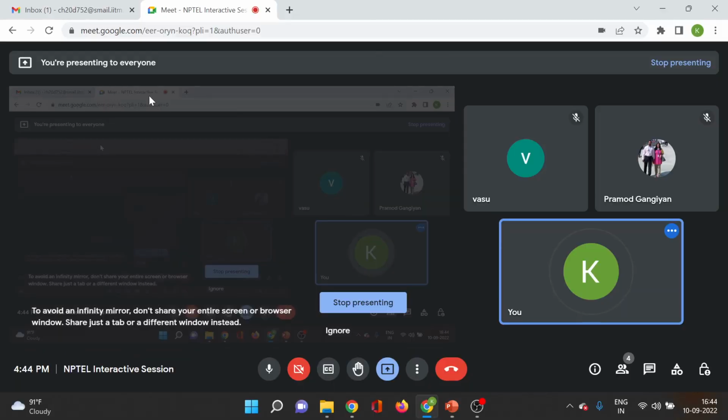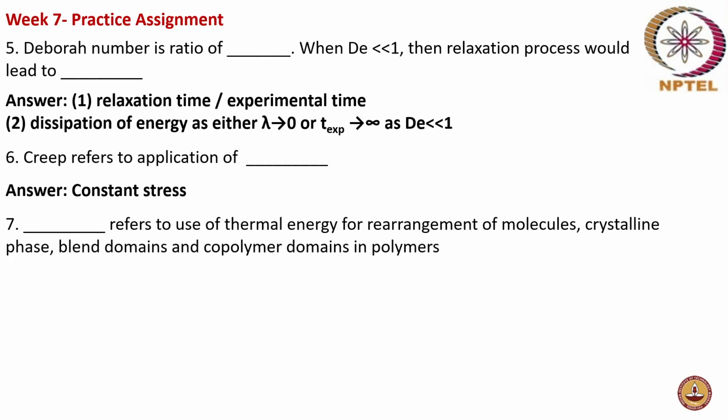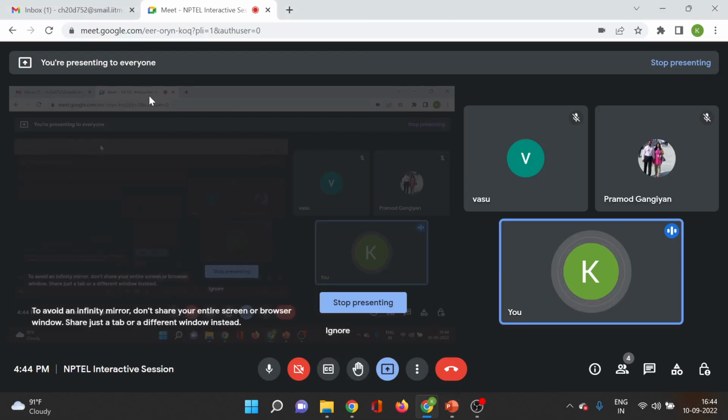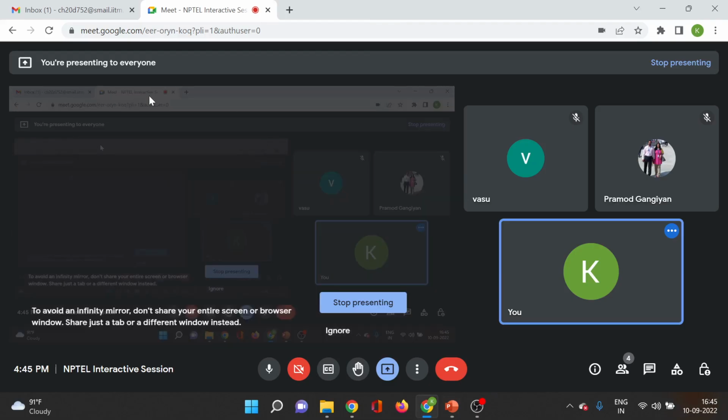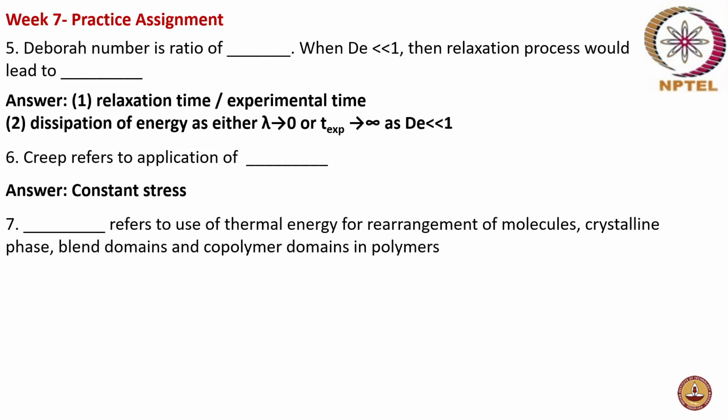Are you there? Yes, ma'am. So what is that process? Pramod, you can type in if you know the answer. Do you want to think? What is this process?